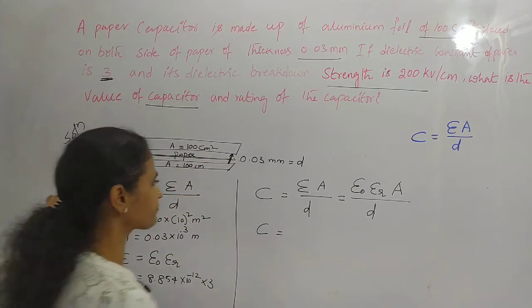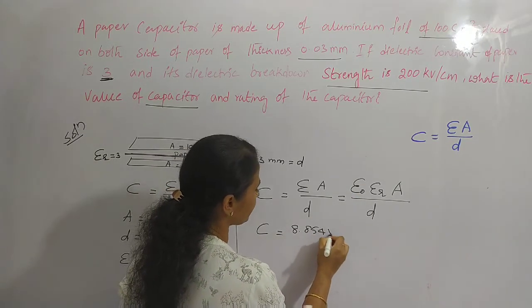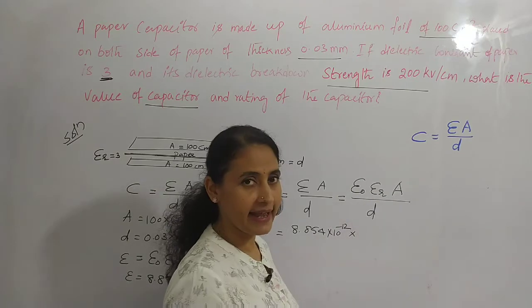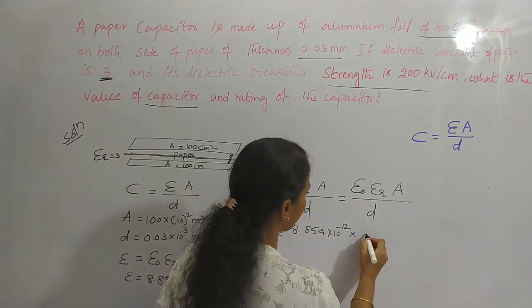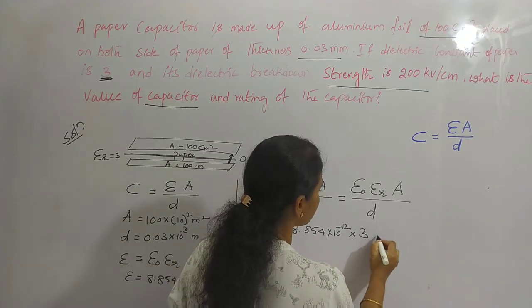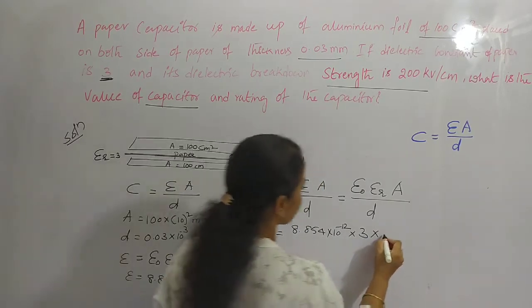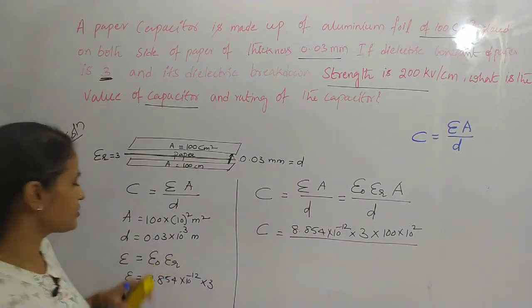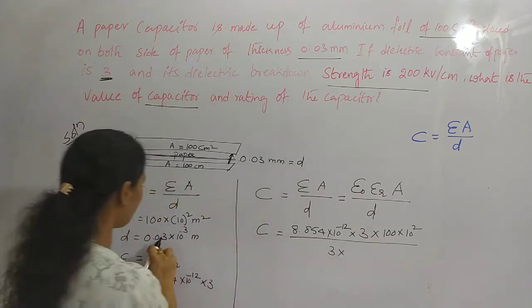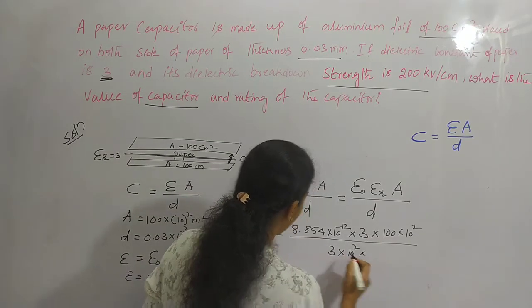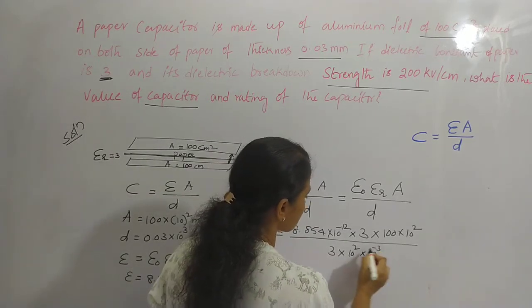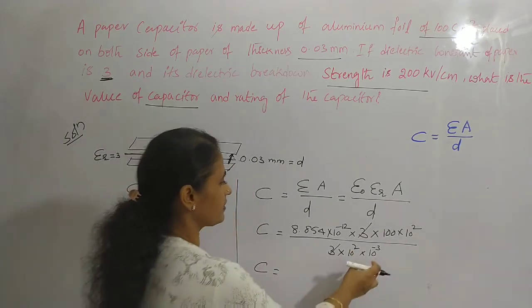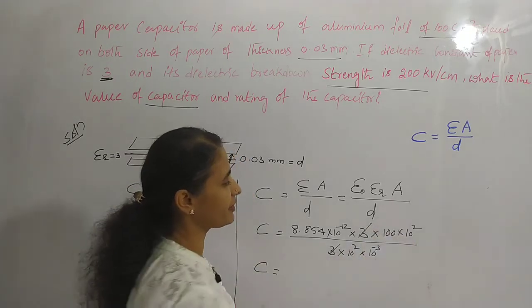This is 8.854 into 10 raised to minus 12, the permittivity of free space, and this is the dielectric constant or relative permittivity of the paper, which is 3, and the area is 100 into 10 raised to minus 4, divided by the distance, 3 into 10 raised to minus 5. So the 3s get cancelled, and what is left is 10 raised to minus 1 in the numerator.